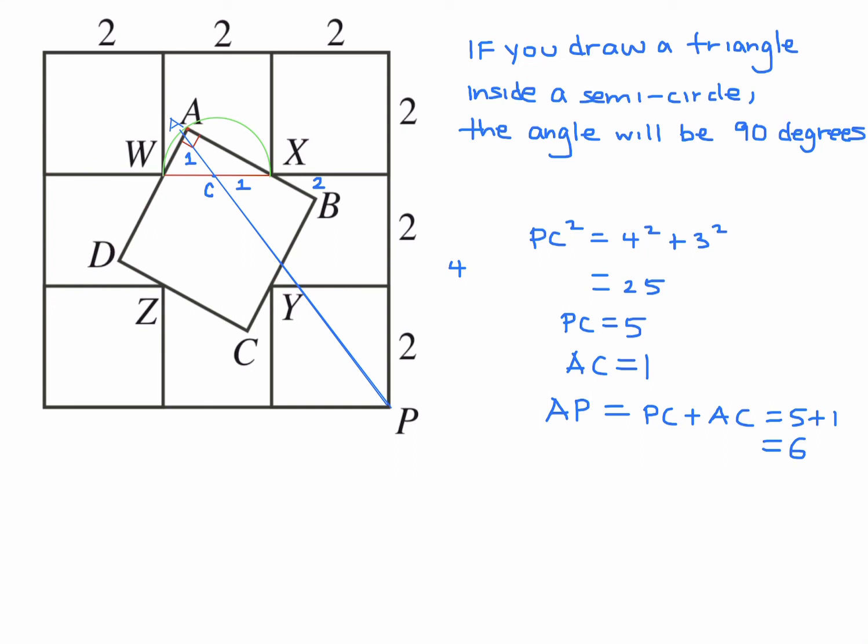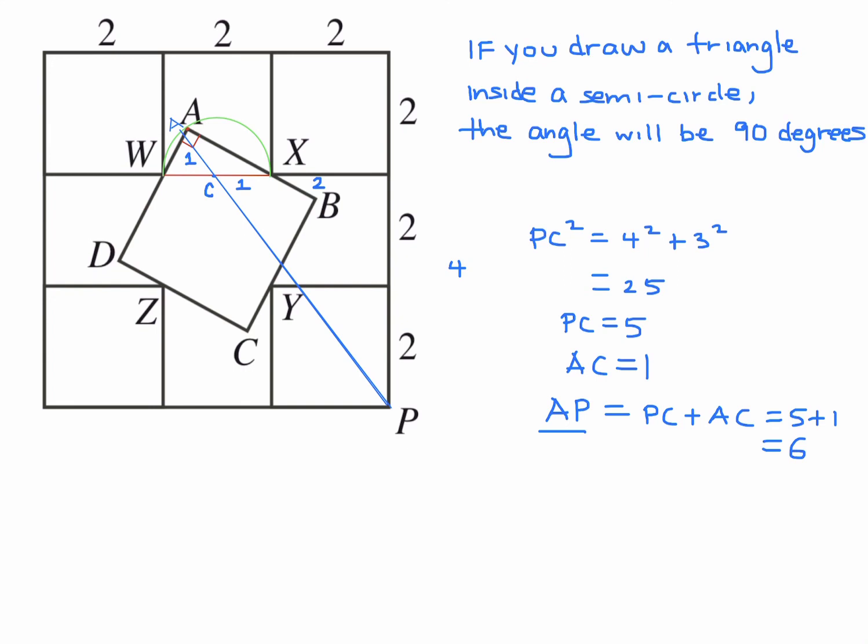All right, but we have to figure out the maximum possible value of AP. We just figured out one possible value, which is a line drawn directly from P all the way through C to A. Now to figure out the maximum, we have to look at the extreme case scenarios and see what happens.